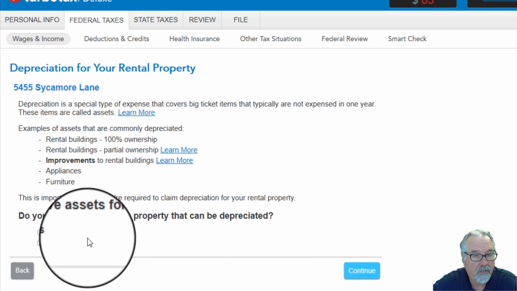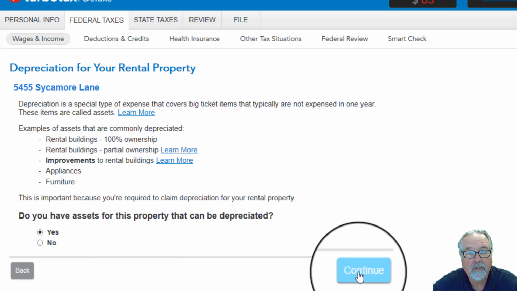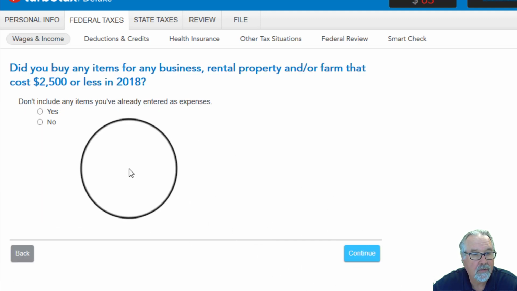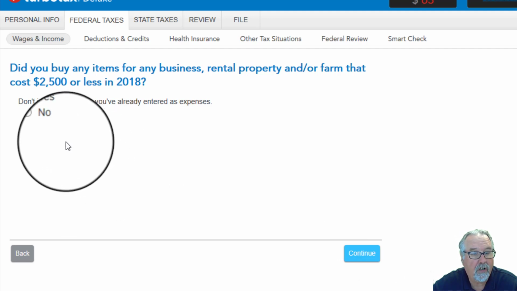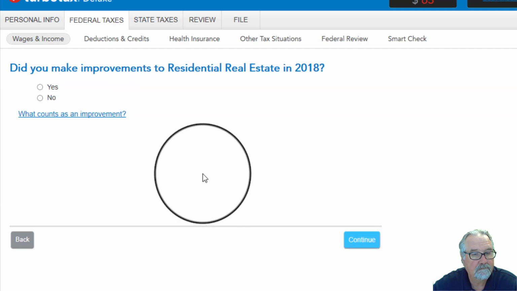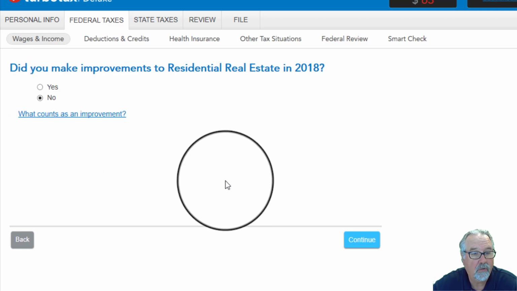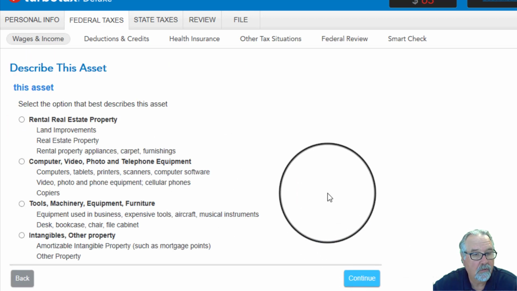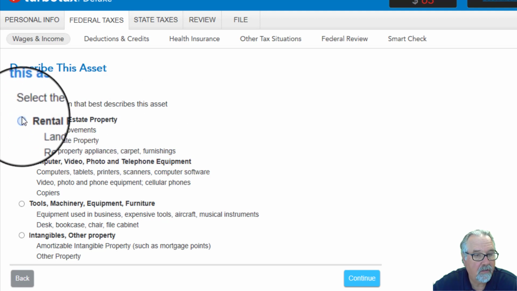Do you have assets for this property that can be depreciated? Yes. Did you buy any items for any business rental that cost? No. Did you make improvements in 2018? No. And this is rental real estate property.